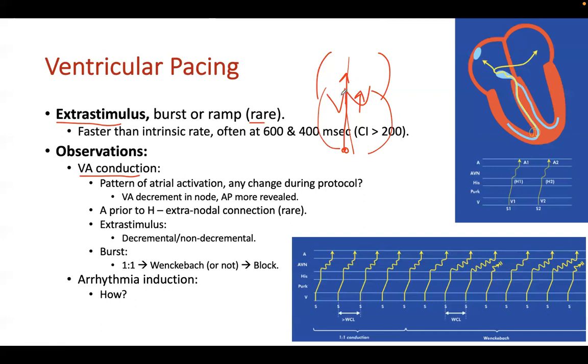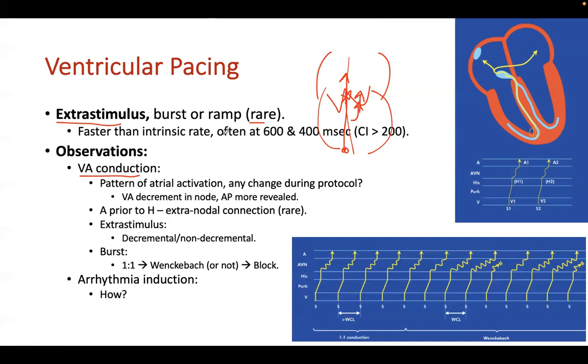At some point the AV node might decrement, and then you get more atrial activation eccentrically across the accessory pathway. So initially it looks normal-ish, and then suddenly it doesn't look normal. Because of the AV node decrementing or slowing conduction, you have more enhanced conduction across the abnormal accessory pathway, and then the diagnosis is more obvious.